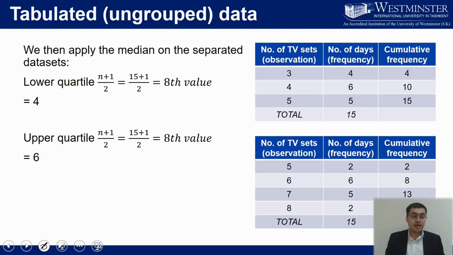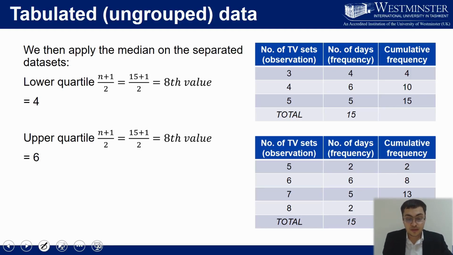Then once we have that as separate tables and separate groups, we use the median formula on each and figure out what the quartiles are going to be. So if I use the median formula on the first group of observations, that's going to be 15 observations plus 1, that gives me 16.